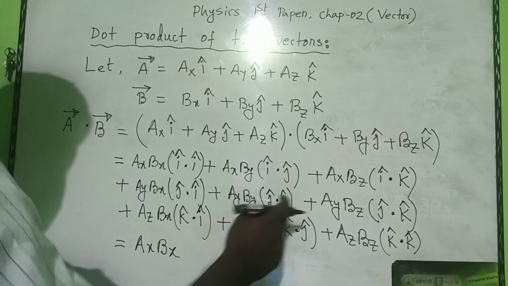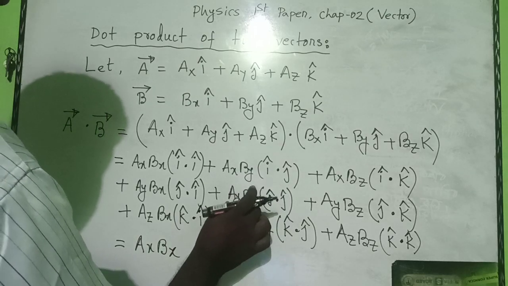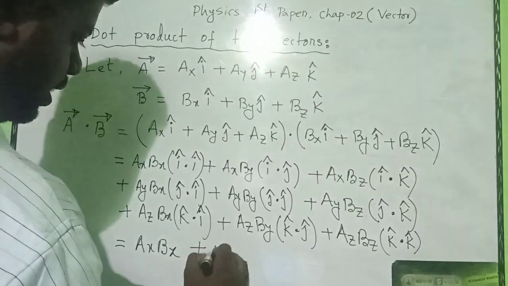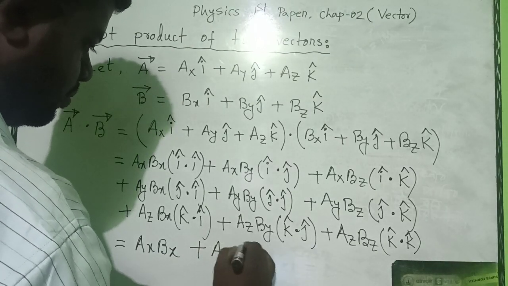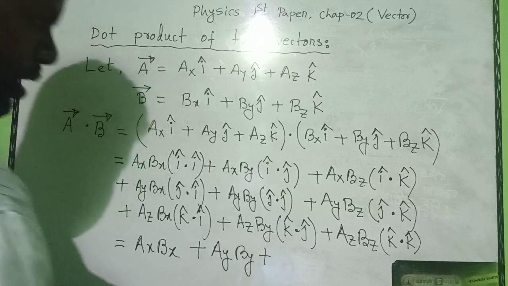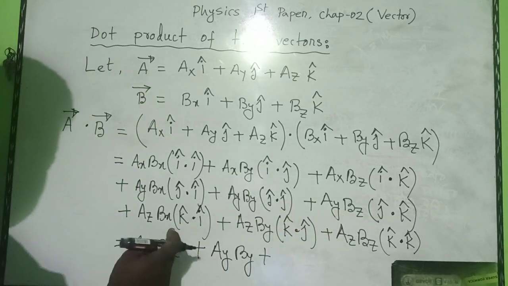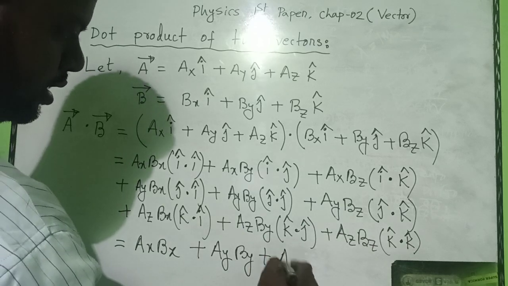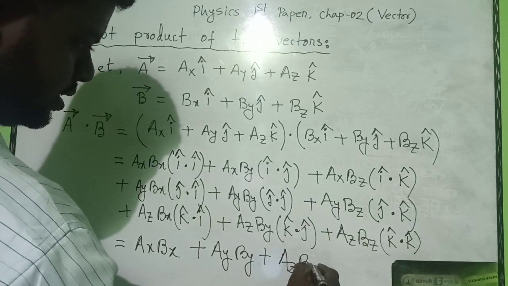But j dot j is equal to 1, so ay by into 1 is equal to ay by. So I have plus ay by, plus 0, 0, and k dot k is equal to 1, so I get az bz.